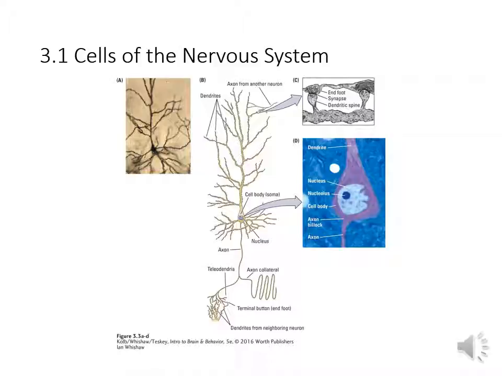If you look down here at the bottom, the axon does branch out a little bit and terminates in an end foot, also called a terminal button. And then the terminal button synapses with the dendrites from other neurons.